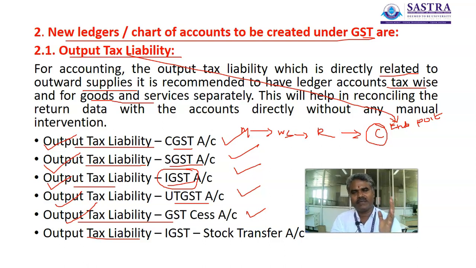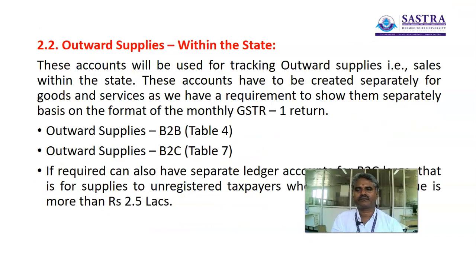The first part is for the central government, and the second part is for the state government or the respective union territory government. This is the practice of GST, my dear students. Then, outward supply within the state: we already discussed intrastate supply and interstate supply. Within the state means intrastate.